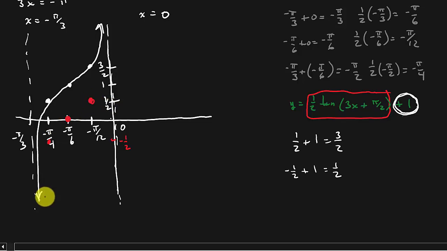And then you would draw it in like this, and it would get closer and closer to the asymptotes. But what's happening is, this part of the graph here is the red graph, and this plus 1 is taking that red graph and just shifting it up 1 unit. That's what's happening there.